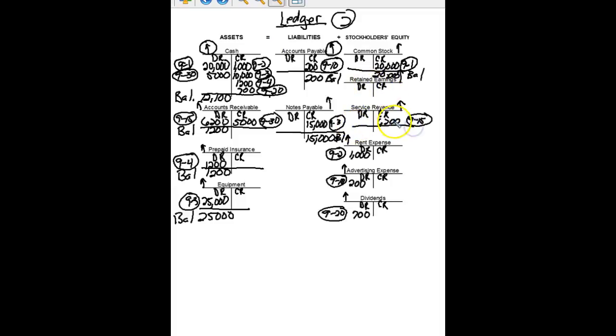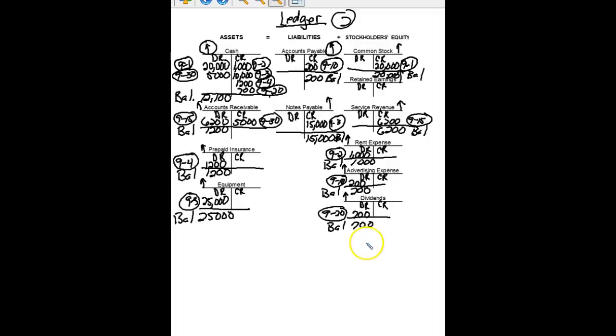Service revenue, there was only one item, so that $6,200 credit is the balance. And I can do the same thing for rent expense. Bring down the $1,000 as its debit balance. Same thing for advertising. That 200 is its debit balance, and the same thing with dividends. That $700 debit is the balance.